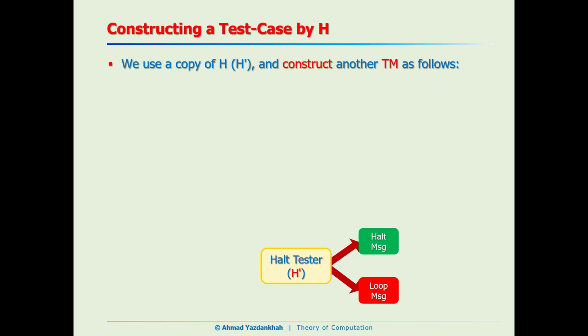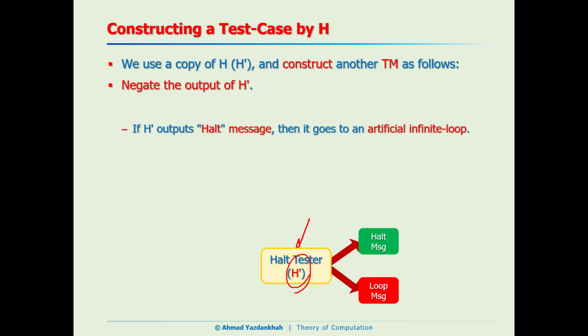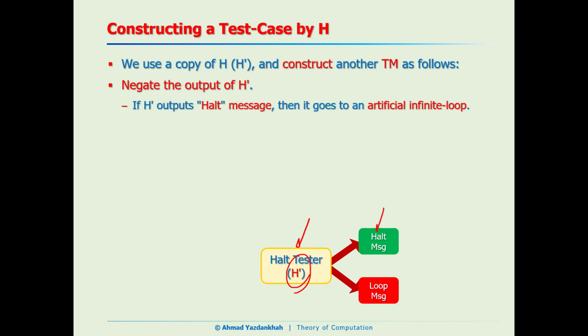First of all, I create a copy of H, and let's call it H prime. Since H prime and H are true copies of each other, their behavior, of course, is the same. Then I negate the output by putting an artificial infinite loop after this halt message.